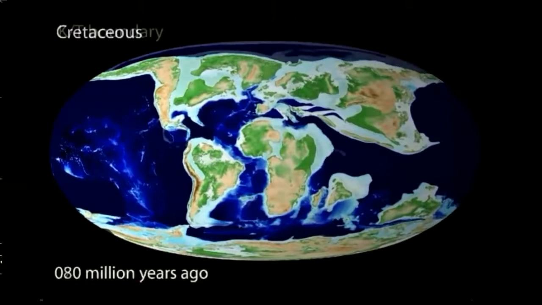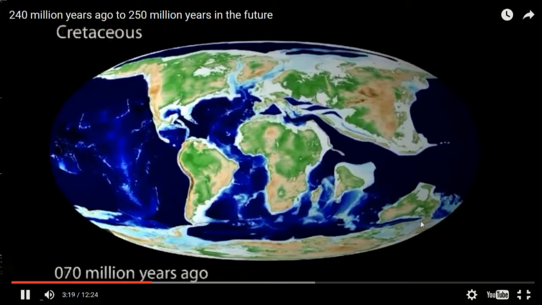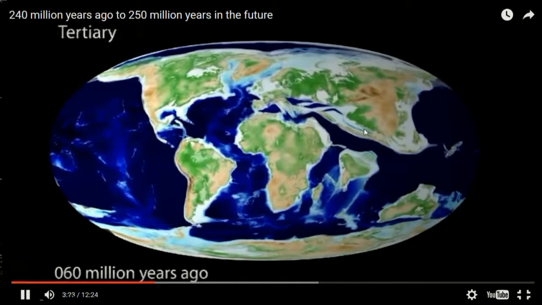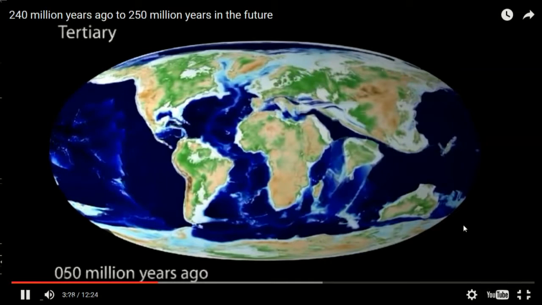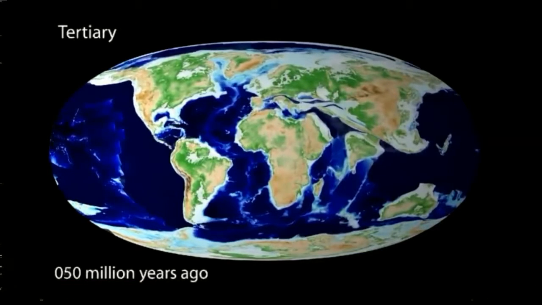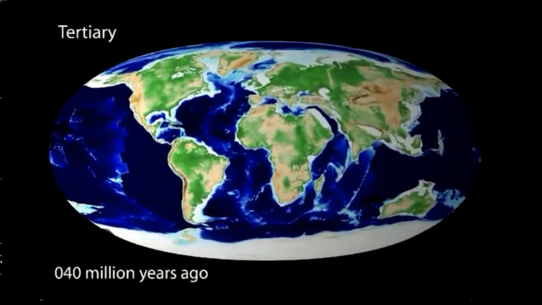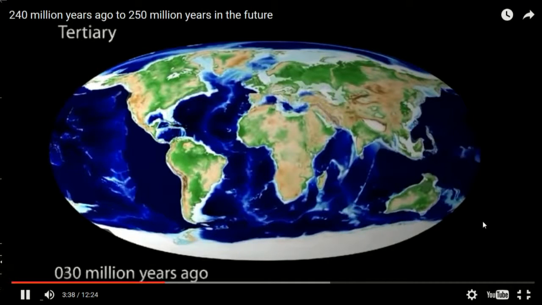So now we're looking like the continents we know. Australia is still kind of touching Antarctica a little bit down here. India is going to run into Asia. It's going to run into it hard. So there you go. That's about 40 million years ago. Everything's looking pretty similar to what you are familiar with today.